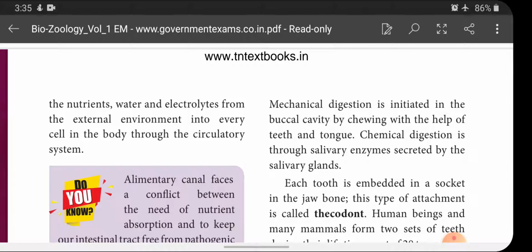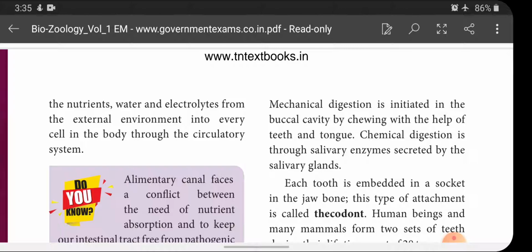In mechanical digestion, the teeth and tongue masticate the food and make the partial digestion, and chemical digestion includes digestion of food by the enzyme secreted by the salivary gland.